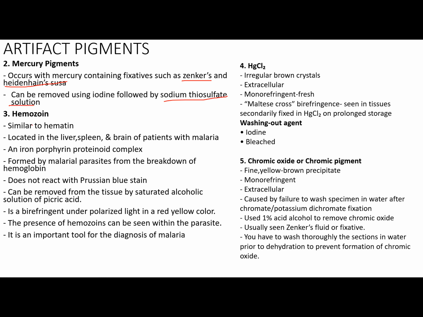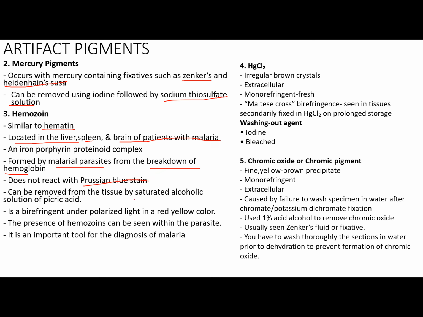Then we have your hemozoin, similar to hematine, located in the liver, spleen, and brain of patients with malaria. An iron porphyrin proteinoid complex formed by malarial parasites, class, from the breakdown of hemoglobin. They do not react with Prussian blue stain. So, hindi sila na-stain ng Prussian blue, class.